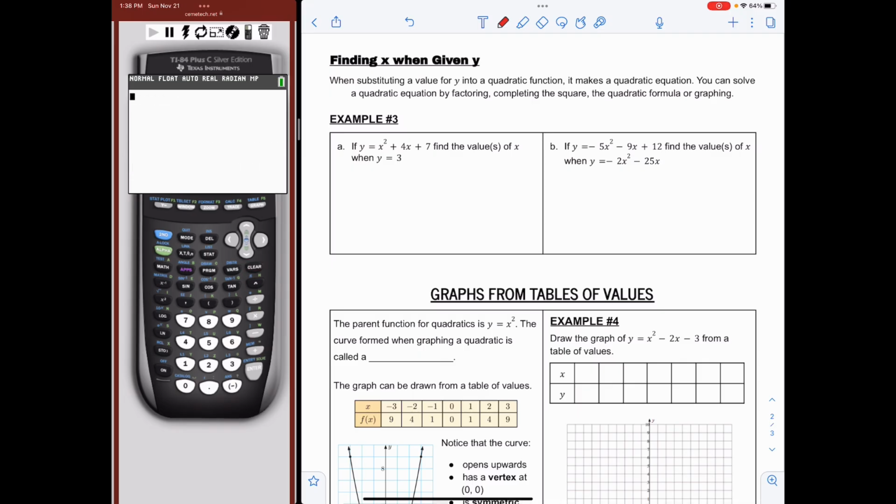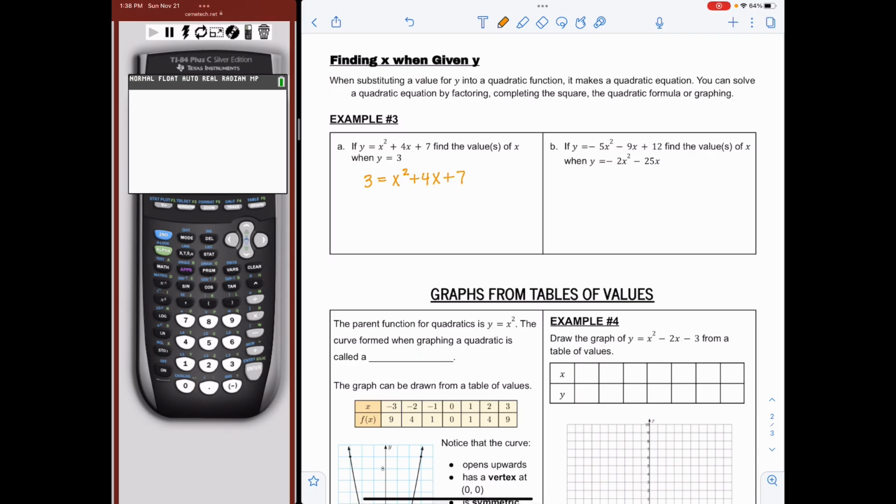So for part A, it says, if y is equal to x squared plus 4x plus 7, find the value or values of x when y is equal to 3. So I'm going to substitute in 3 for y. So I'm going to have the equation 3 is equal to x squared plus 4x plus 7.